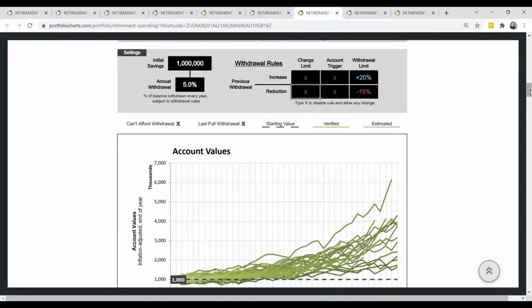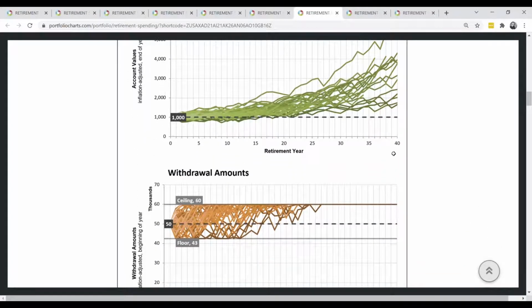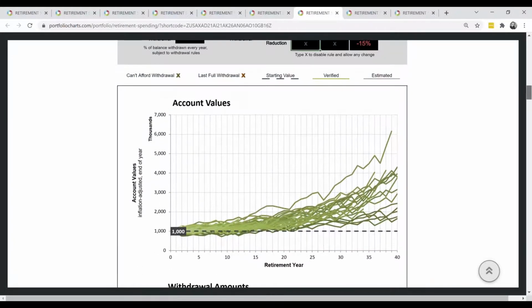And what happens if you do that? At a 5% withdrawal rate, you can see that's no problem, and then you can see how this is kept in this floor and ceiling here so that your withdrawals never get too high or too low. And that's another method of withdrawing from a portfolio.